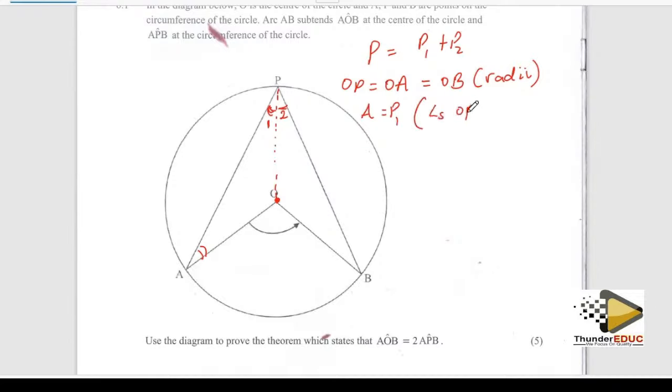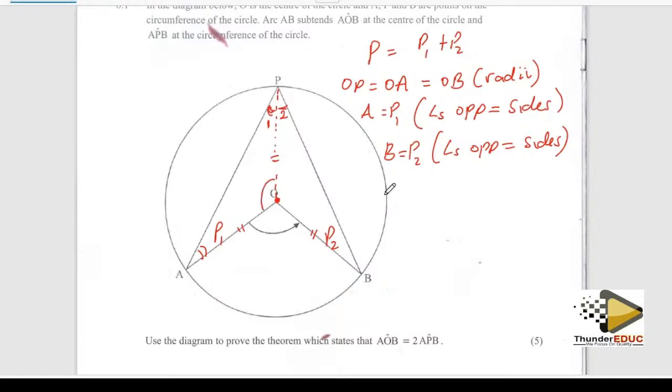Reason, angles opposite equal sides, because POA is an isosceles triangle. The same story happens with B, which means B is the same as P2. Angles opposite equal sides. So we're calling this P1, we're calling this P2. Now, can we go on and find the size of POA, this angle here?